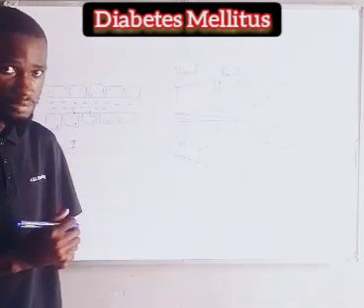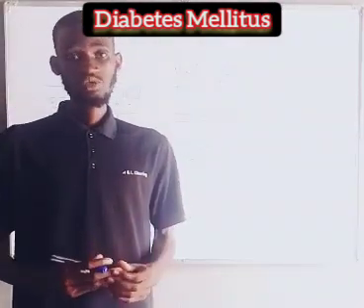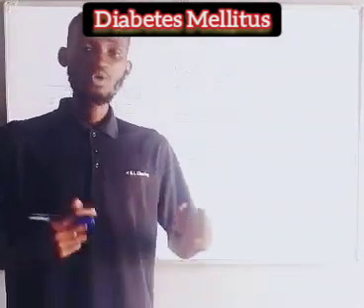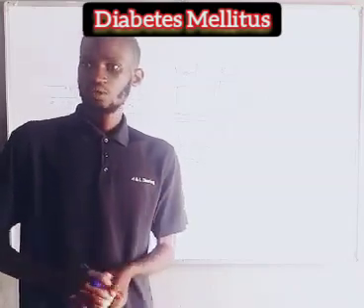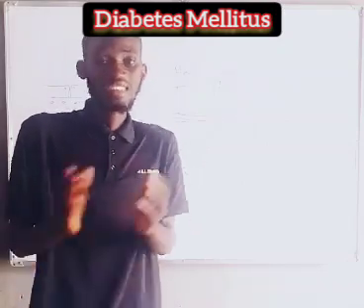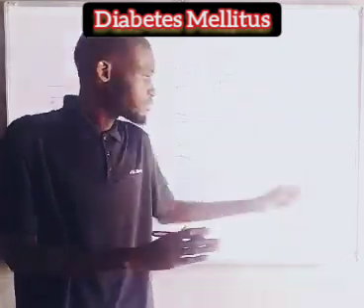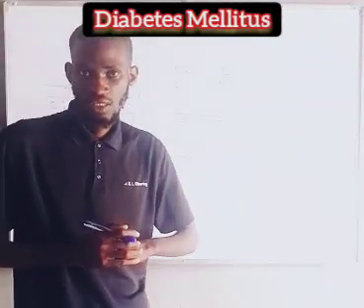Mainly, type 1 diabetes mellitus is associated with autoimmune conditions. When we talk about autoimmune conditions, we are simply saying the body's immune system starts attacking the beta cells of the pancreas.